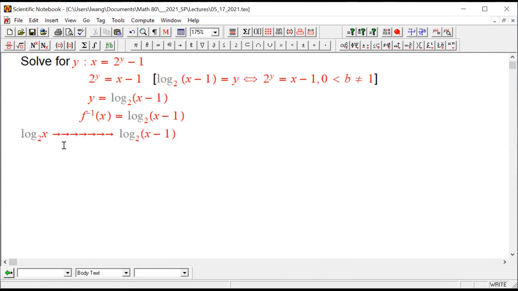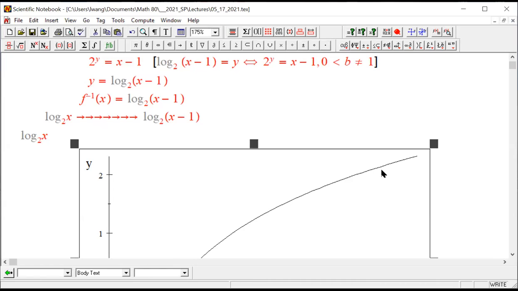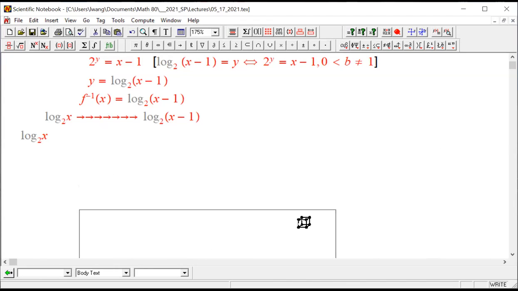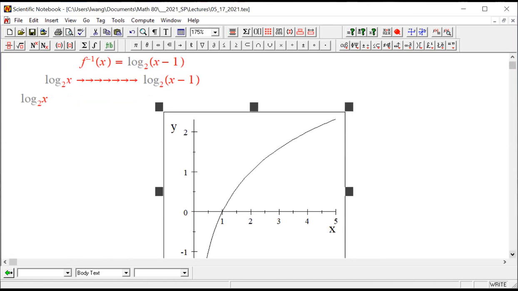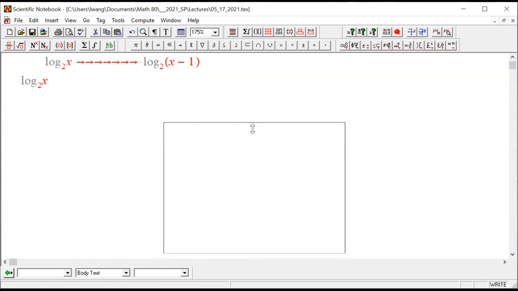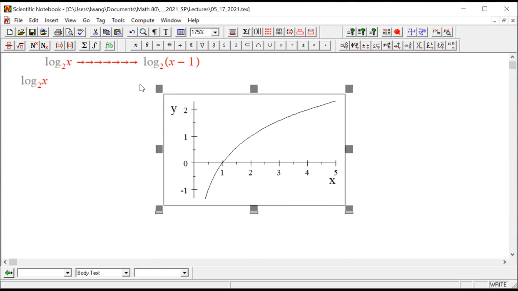Is it shifting up or down, left or right? Log base 2 of x is something we have graphed before, so we can take that for granted.